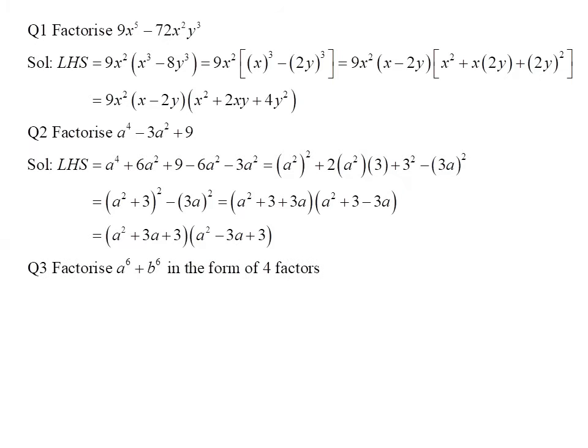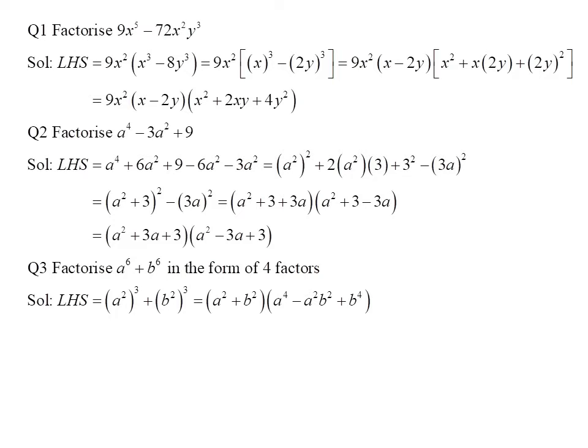Question 3 is to factorize the algebraic expression of a to the power of 6 plus b to the power of 6 in the form of 4 factors. As we know, a to the power of 6 can be written as (a squared) to the power of 3, same as b to the power of 6.